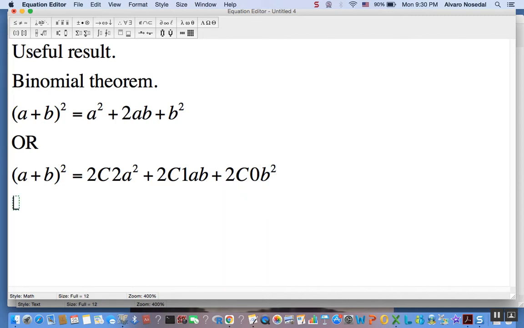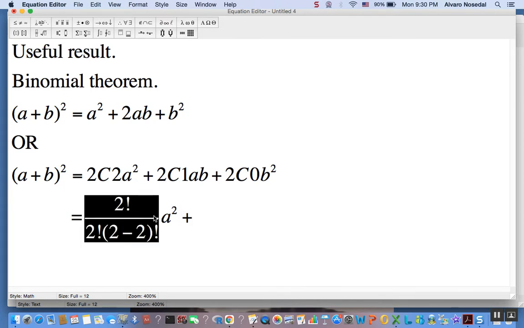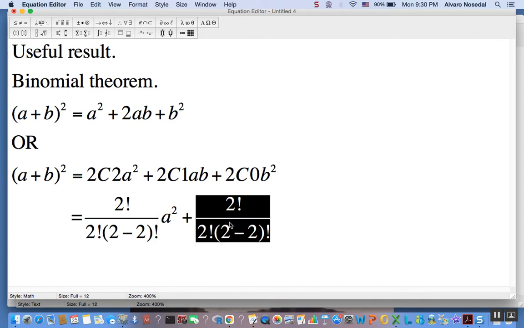Or, let me use this notation, I like this notation better. 2 factorial divided by 2 factorial times (2 minus 2) factorial, times a squared, plus we would have something similar here: 2 factorial over 1 factorial times 1 factorial, times ab.